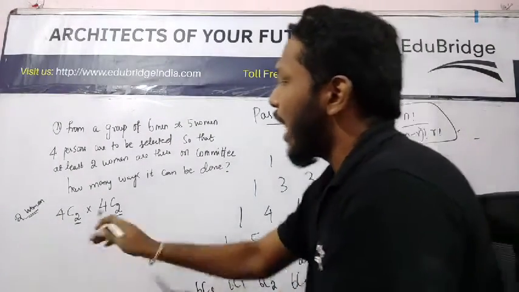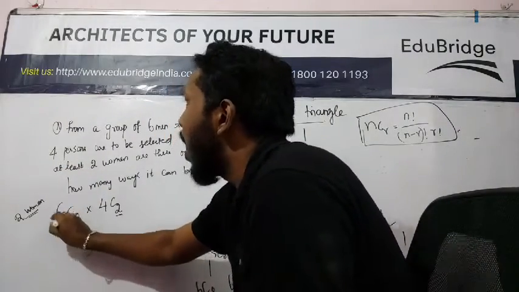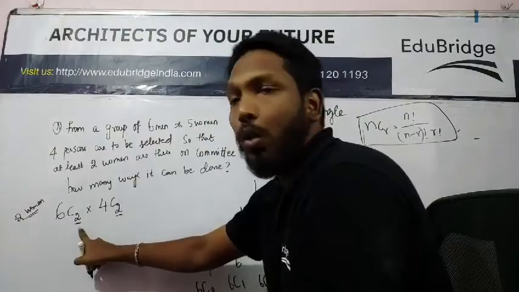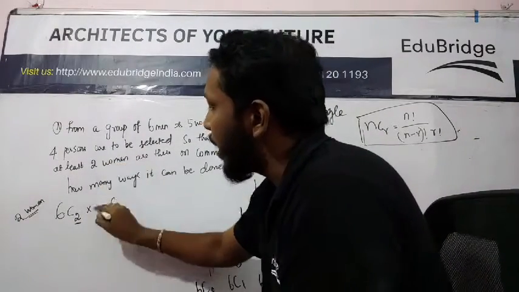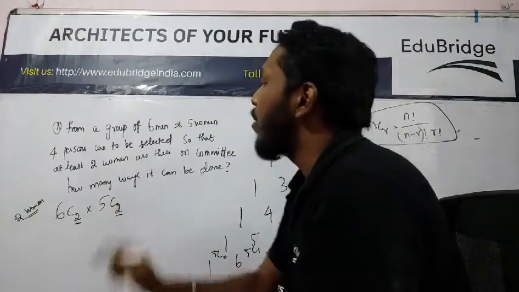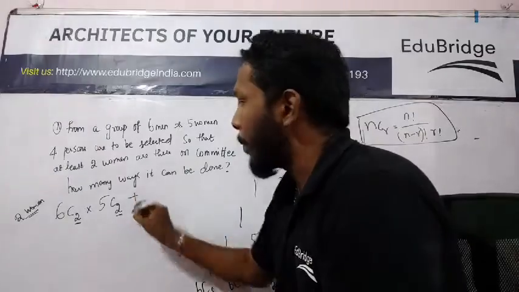Out of 6 men, I choose 2 men, and out of 5 women, I choose 2 women, so totally 4. This is one way.